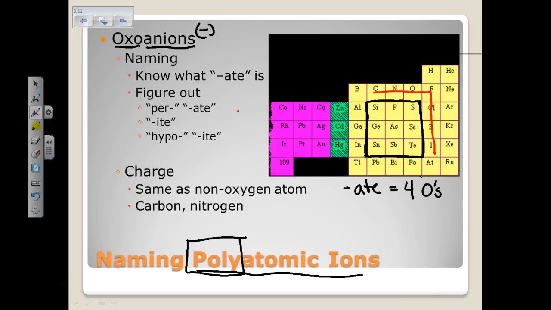But if it's inside this box, if you have silicon with 4 oxygens to it, that polyatomic ion is going to have the ending ate. So this is the ate box where not only does 8 equal 9, but ate equals 4 oxygens. Ate equals everything but eight, that's what I always say.